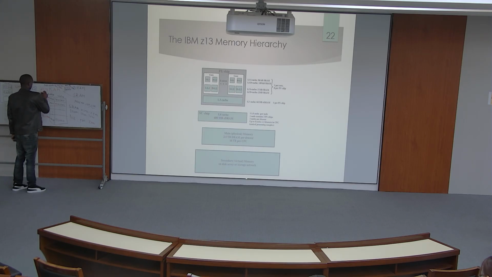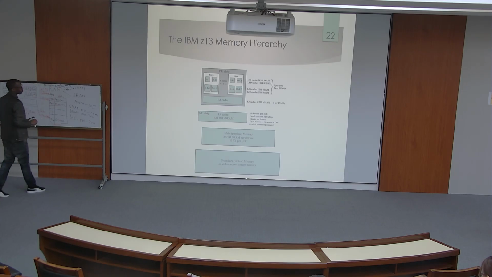2.5 terabytes per drawer. Since we have 4 different drawers, we have seen that each node contains up to 3 PU chips and 2 nodes per drawer. Since we have 8 nodes, that means we have 4 drawers. And we have a main memory, which is a physical memory, of 2.5 terabytes per drawer.